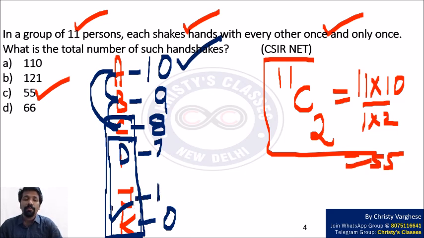J will handshake with one person, that is K only, because all others already came to J. That means 10, 9, 8, 7, then 6, 5, 4, 3, 2, 1, 0 will be the order of handshakes.